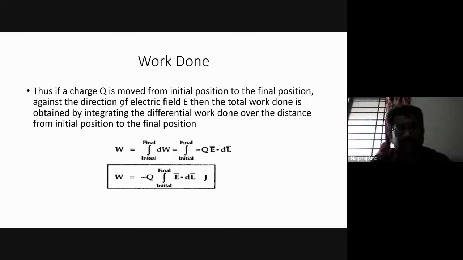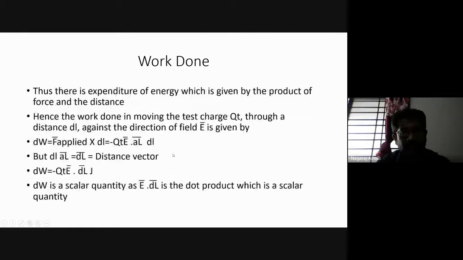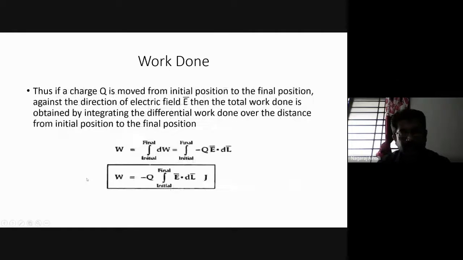That is, if a charge Q is moved from initial position to the final position against the direction of electric field E bar, then the total work done is obtained by integrating the differential work dW over the distance from initial to final position. Because dW is minus Q E bar dot dl bar, W is equal to integral initial to final minus Q E bar dot dl bar.